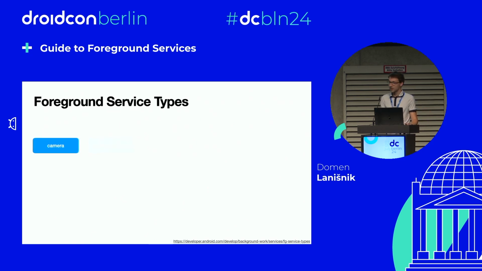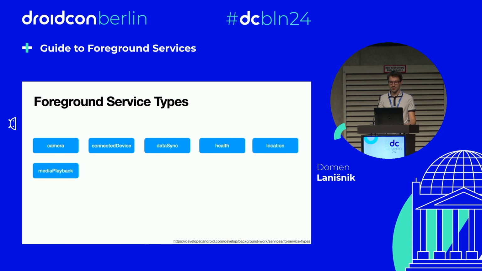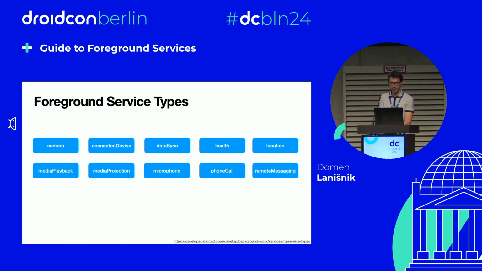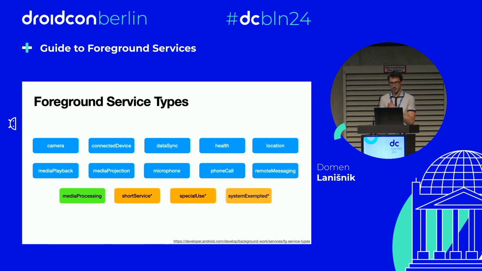It's camera, connected device, data sync, health, location, media playback, media projection, microphone, phone call, remote messaging, then media processing, which is new in Android 15, and 3 special ones, which are short service, special use, and system exempt. We won't go into details for each of these types. There's nice documentation on the official developer site. We'll cover some of the more interesting ones.